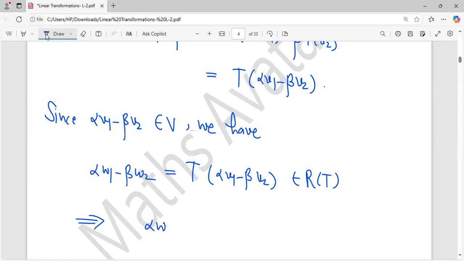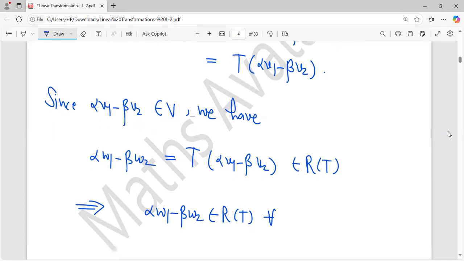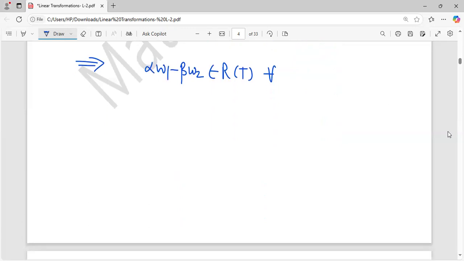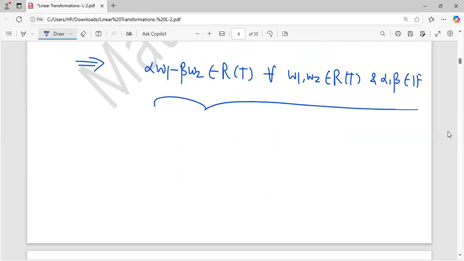This implies alpha w1 minus beta w2 belongs to R(T) for all w1, w2 belonging to R(T) and alpha, beta belonging to F. So what is the meaning of this?